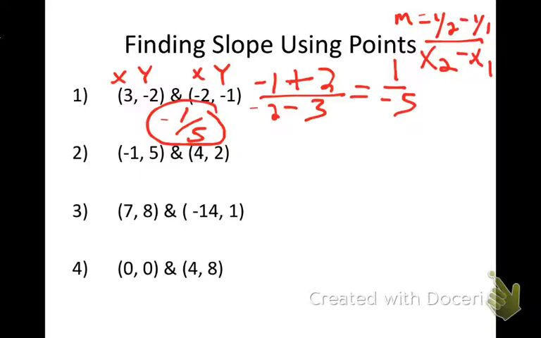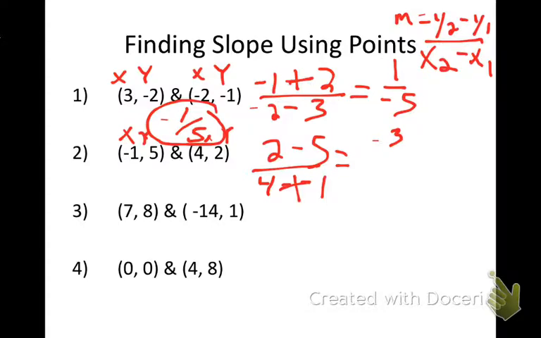Same thing on number 2. You have xy, xy. So I would take 2 minus 5 over 4 minus a -1. Again, subtract my y's on top, subtract my x's on the bottom. So 2 minus 5 gets me -3. 4 minus a -1, those two negatives become a positive, so 4 plus 1 gets me 5.